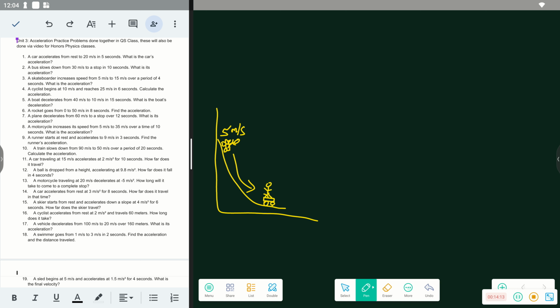Looking at it this way, acceleration is positive, displacement would be positive, coming down. Acceleration would be negative in the other direction, but in this case, because it's speeding up, it's positive. What is your acceleration? So let's make our chart.